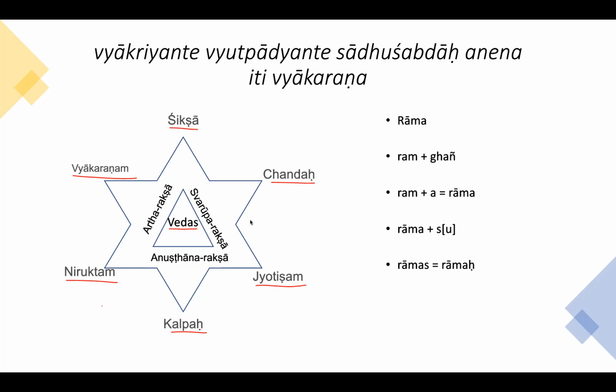But before Panini himself, there were other Vyakarana systems. For example, in the Ramayana, it comes that Hanumanji learned 9 Vyakaranas, Indra Vyakarana, Chandra Vyakarana, like that. So Panini has written his Vyakarana, I think 3000 years back sometime.